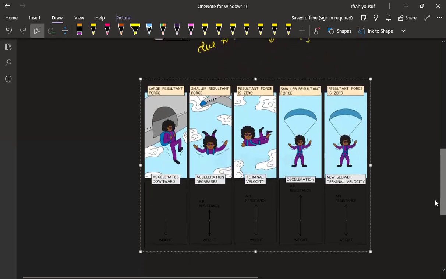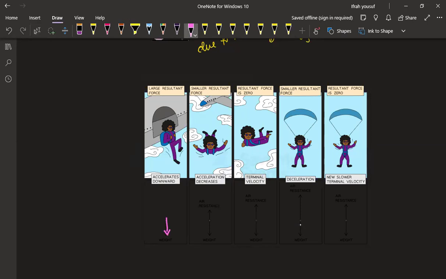So he is going to accelerate downward, right? Initially only the weight is acting on it, clear? And when the resultant force gets smaller, that means the acceleration decreases.